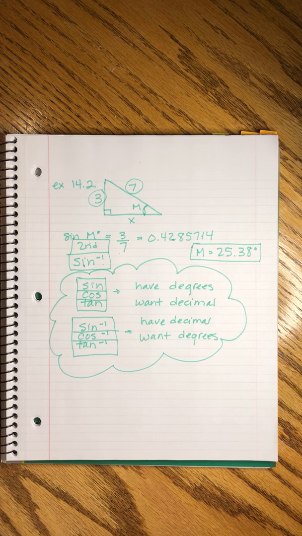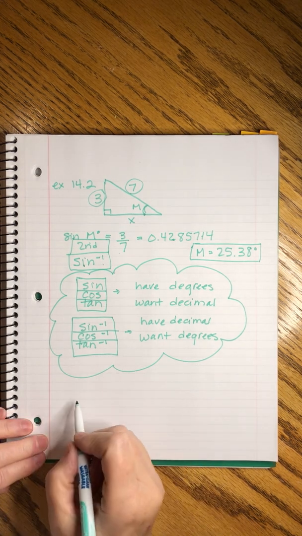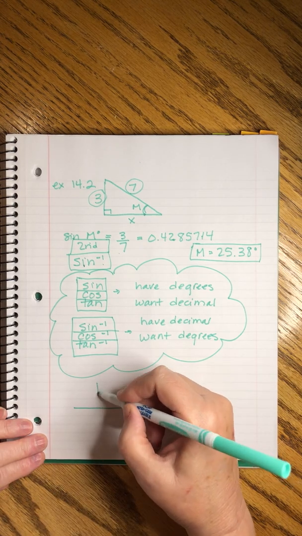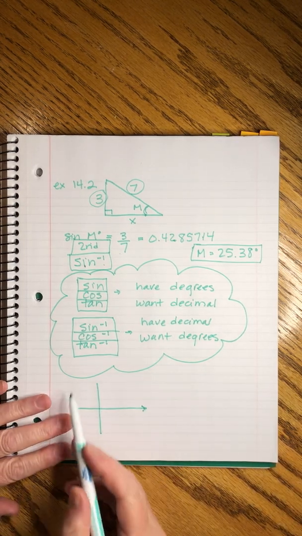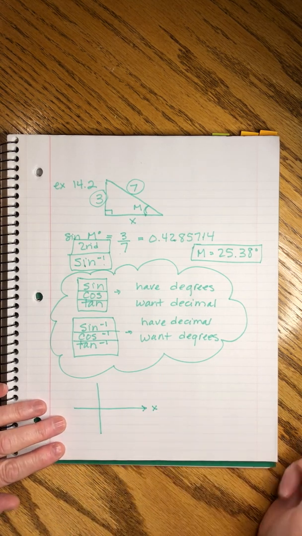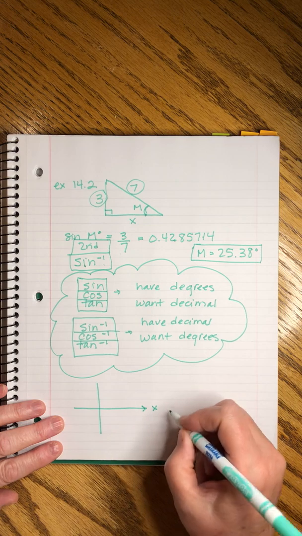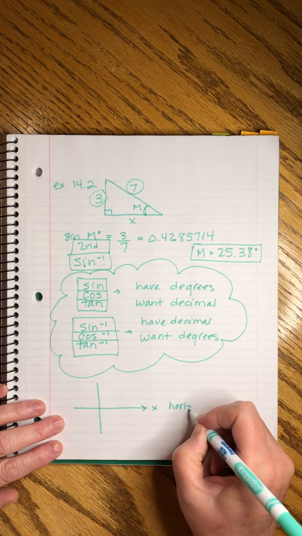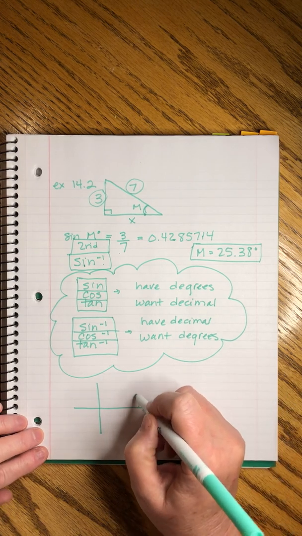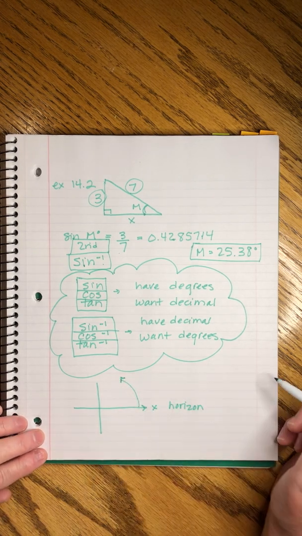We're going to talk about angles of elevation. The main thing I want you to know is that in trig, we're looking a lot of times at the polar coordinates, right, or the plane. This is our x-axis. That is what we call the horizontal, or the horizon in trig. And remember that when we measure, we always go up and around from there.